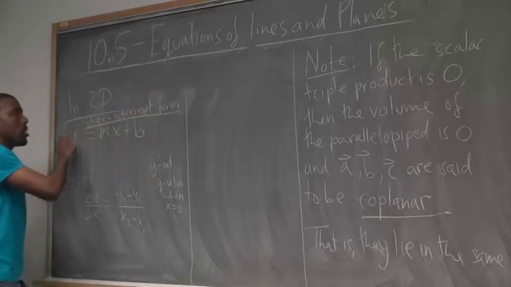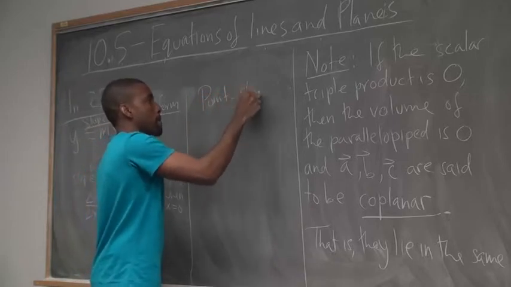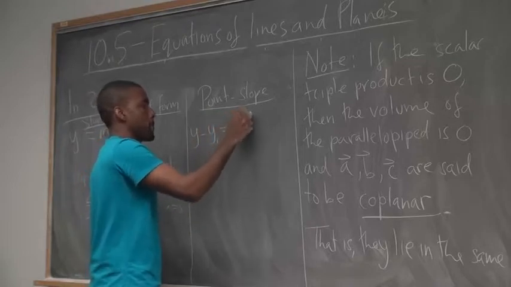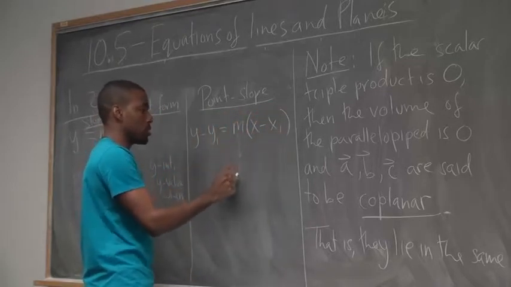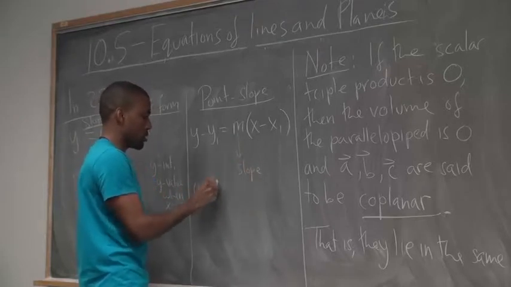Right, there's also something called the point slope form of the equation of the line. What's that? y minus y1 equals m times x minus x1. Okay, m is the same old slope. What's x1, y1 here?